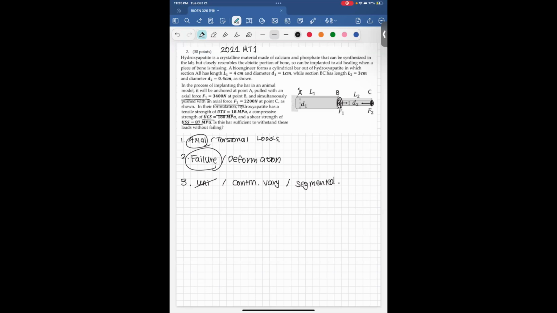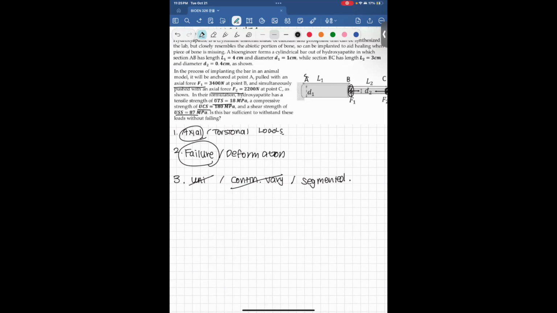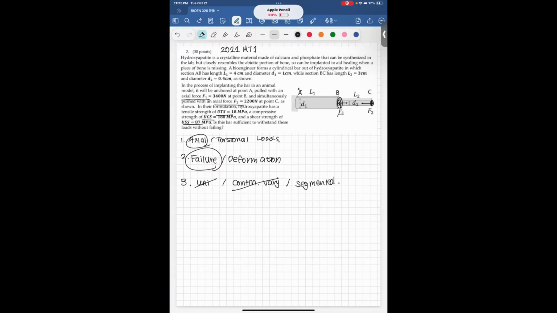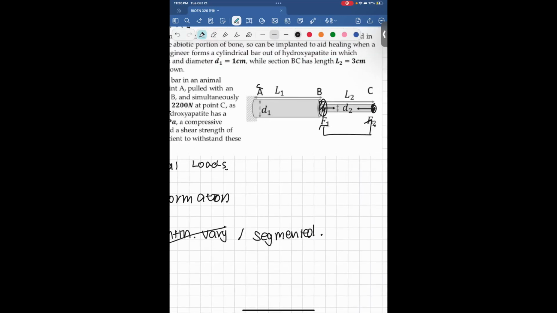And we cannot really say that this is continuously varying, even though the cross-sectional geometry did change, because continuously varying means that along the axis, the cross-sectional geometry is changing. Well, there is a change in the geometry. However, this is not continuously varying along the x-axis because there's a constant part. The cross-sectional geometry of BC is constant, and from A to B it is all constant.